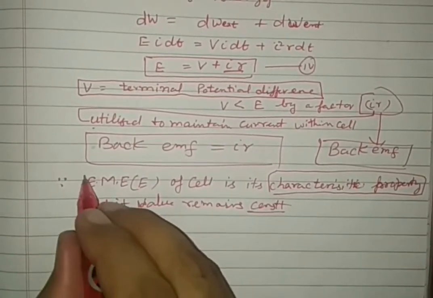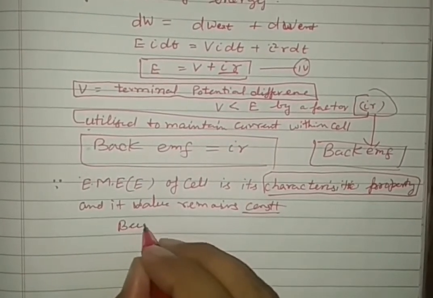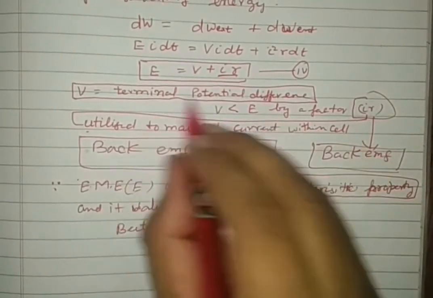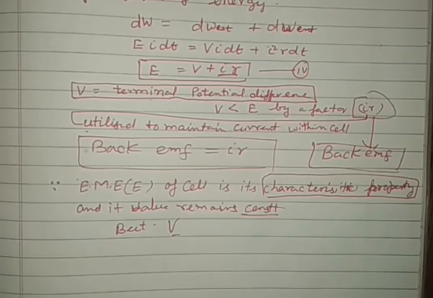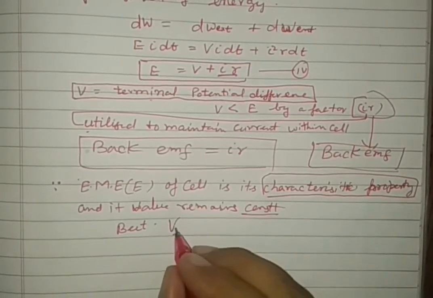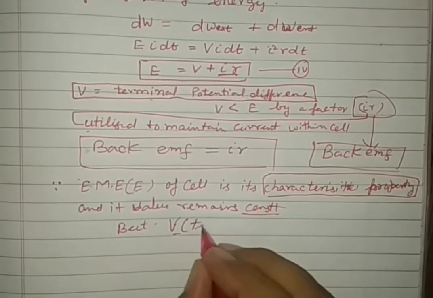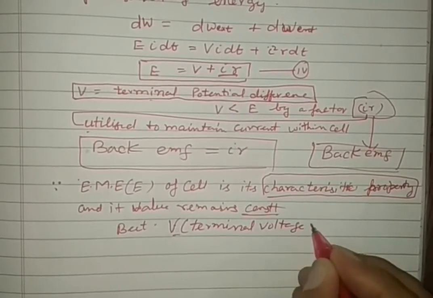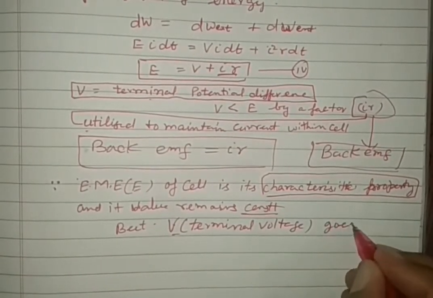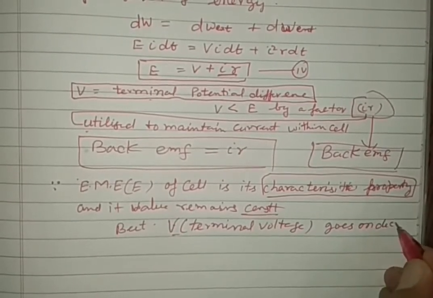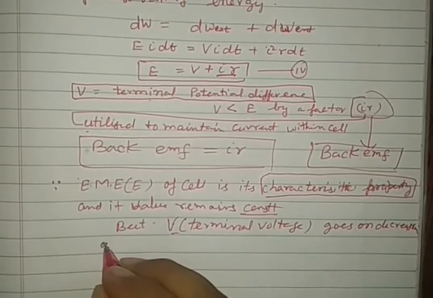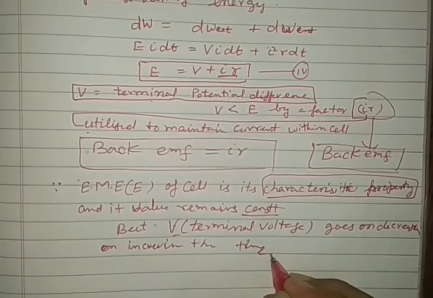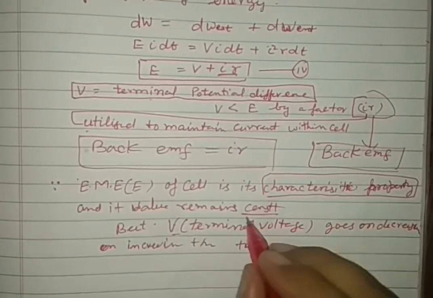The EMF of a cell is always constant, but capital V, that is the terminal voltage, or terminal potential difference, goes on decreasing on increasing the time, but E remains constant and it is a characteristic property.